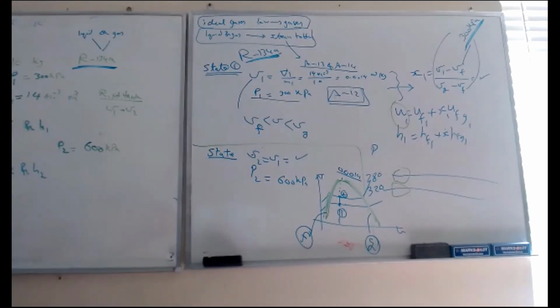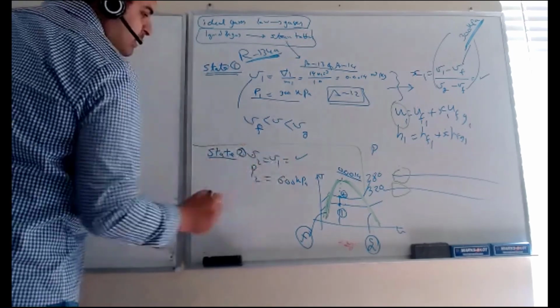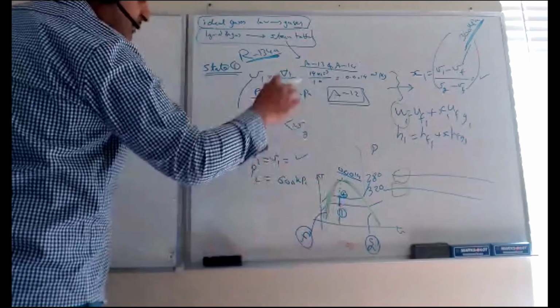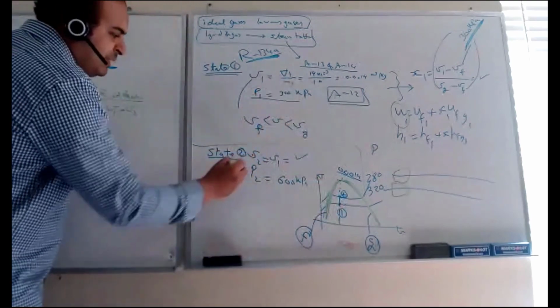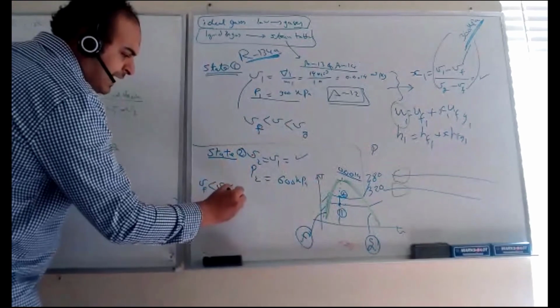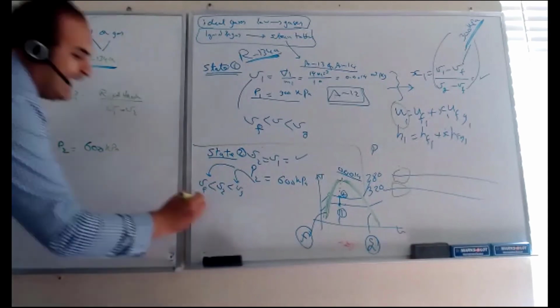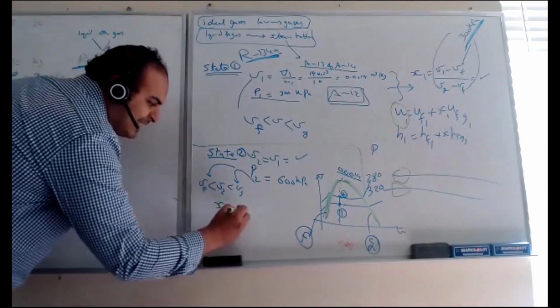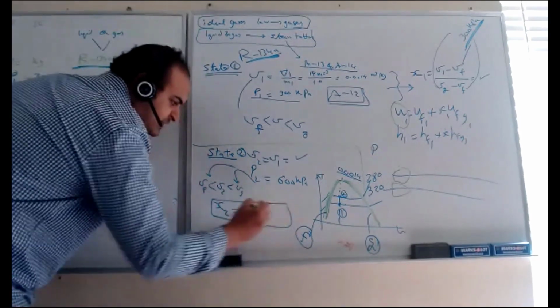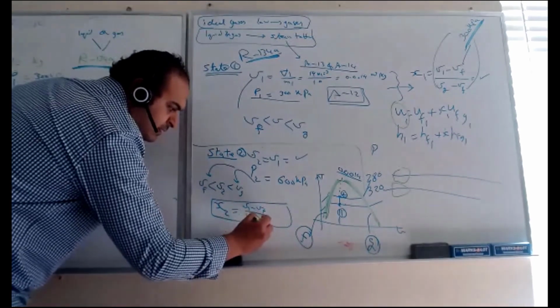So let's go to this problem. State 2 is completely known now. You have V2, which is V1. You find it is also a mixture. It could be vapor, but it would be between Vf and Vg at this pressure, so you can get X2, which is V2 minus Vf over Vg minus Vf.